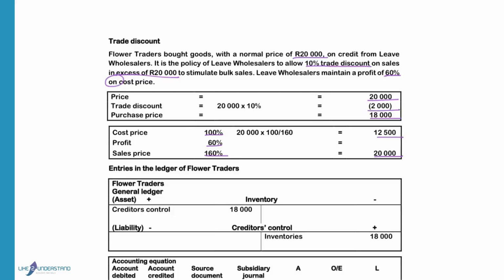The entries in the ledger of Flour Traders will be creditors control, that is a liability, which will increase on the credit side with the 18,000 that you owe to them. Inventory, that is an asset, will increase on the debit side with the 18,000, and no entry is recorded for the 2,000.